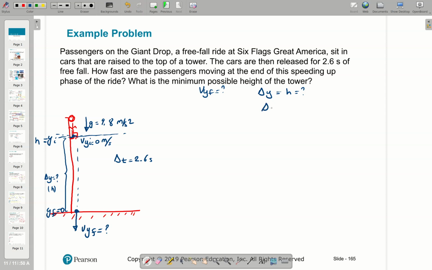Then I'll say delta y is equal to y final minus y initial. In this case, it will be minus height, right? So let's look at the absolute values. All right, let's now find this guy. If I know the time, I'm going to find Vy final is equal to Vy initial minus g delta t.